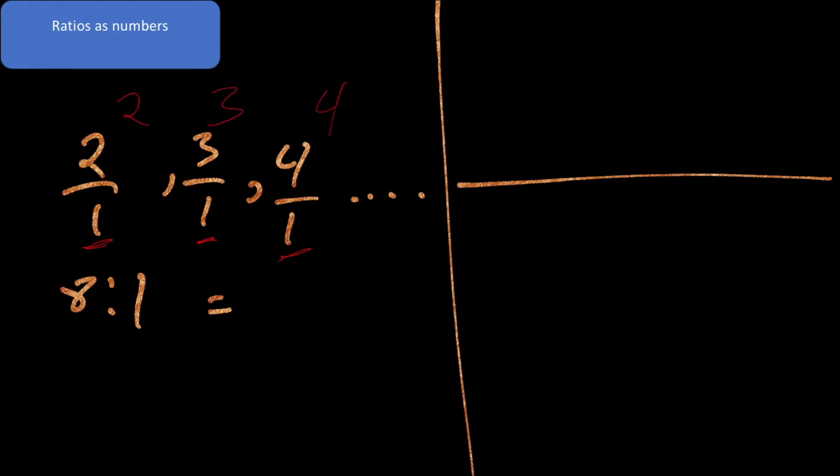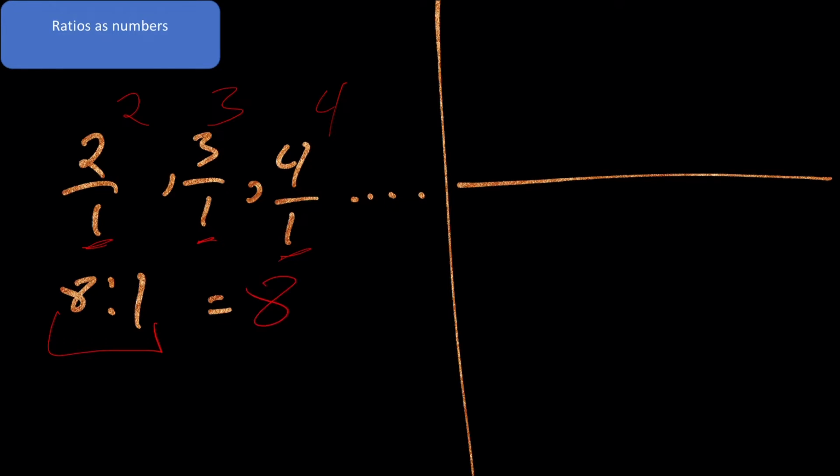We just remove the denominator. Similarly, if we compare a number to 1 as a ratio, so 8 to 1, we could just think of the ratio as being equal to 8.